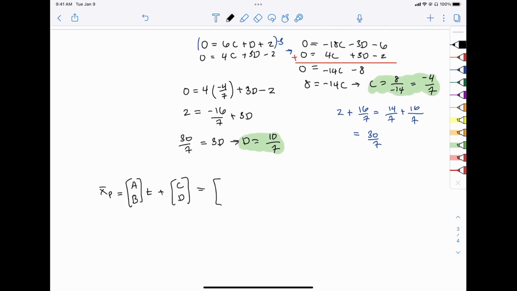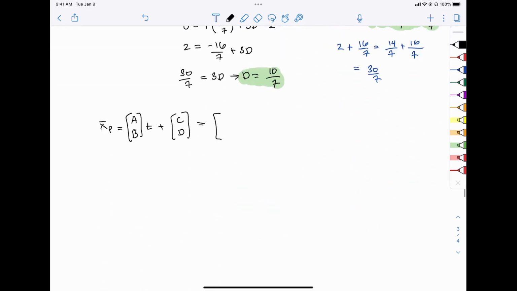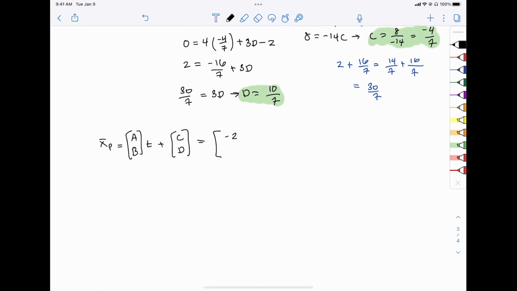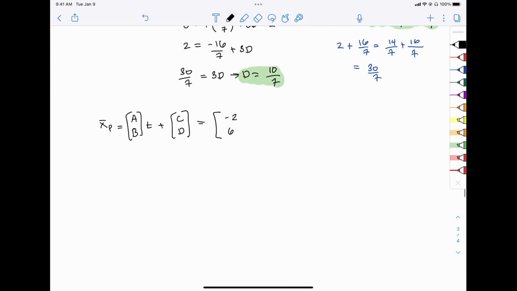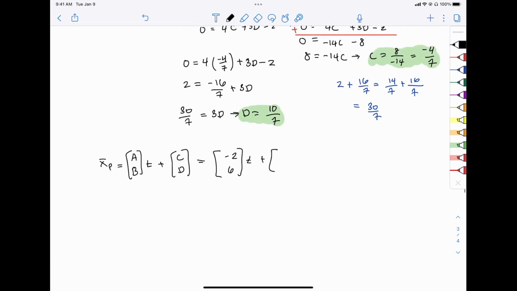So A was nothing but -2. B was nothing but 6. And then it's going to be multiplied by t plus C, which was -4/7. And then D was 10/7. We just found X sub P. Great.